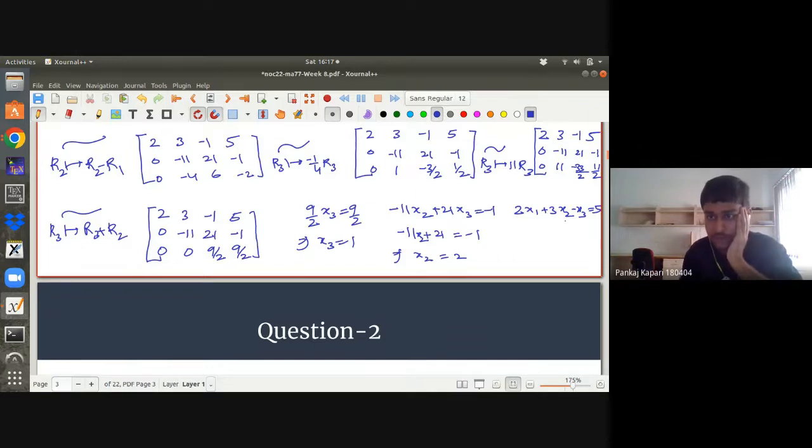Now we know the values of x2 and x3. So this will become 2x1 plus, so x2 is 2, so it's 6, and minus x3 is 1. So 6 minus 1 is 5, 2x1 plus 5 is equal to 5, and this will imply that x1 is 0. Okay, so we have our answer that there's a unique solution, and the solution is x1 equal to 0, x2 equal to 2, and x3 equal to 1.